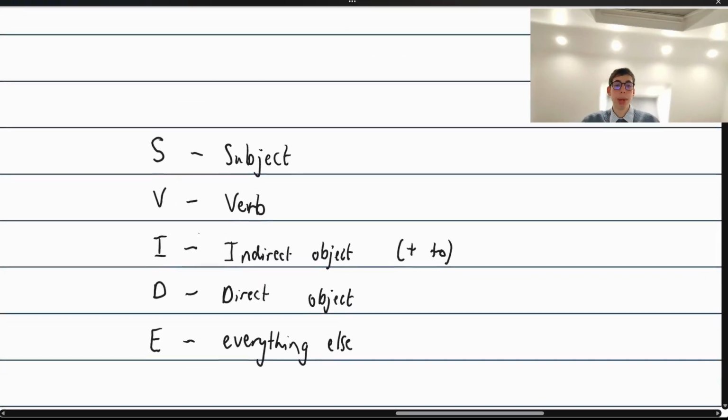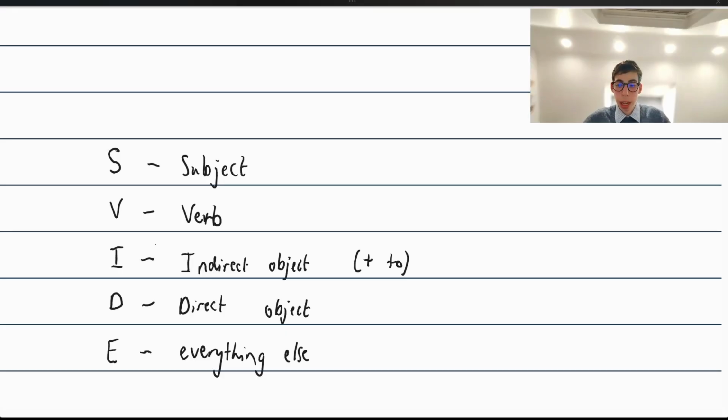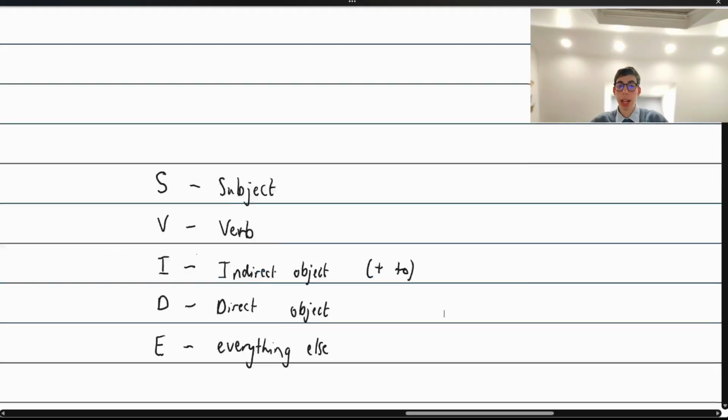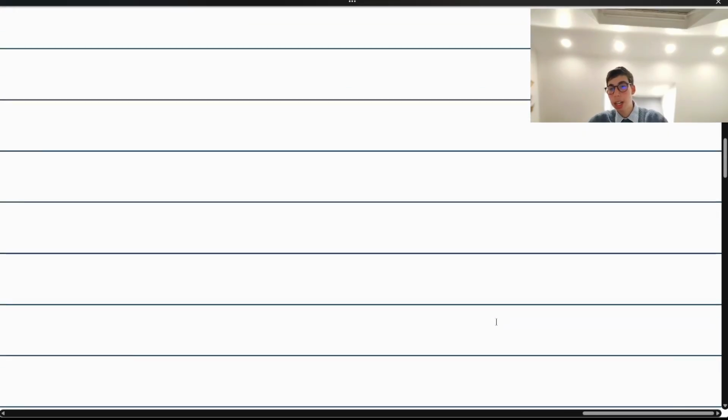If you get the fundamentals of SVIDE, you're all good in that sense, and I wouldn't worry much more. The last thing we're just going to touch on, and I promise this is the last thing, is separable verbs, and I promise these are quick. I'm going to just do one quick example, and you're going to get it, and it's going to be fun.